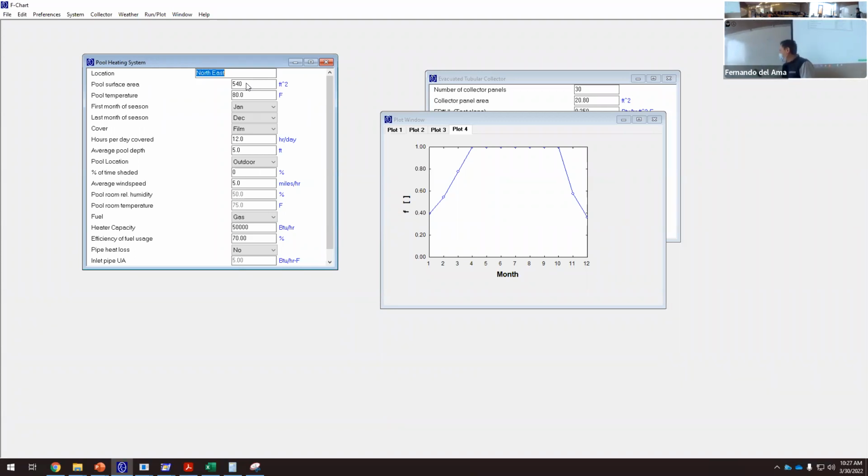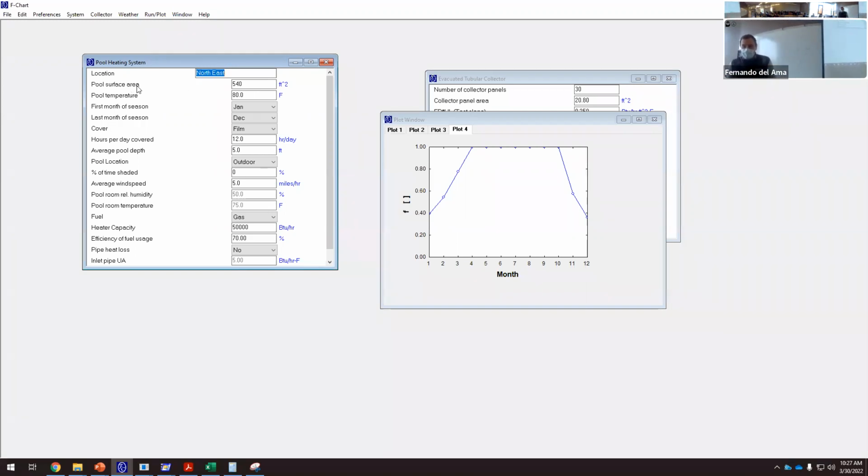So we can keep the temperature of the swimming pool at 70 Fahrenheit. Okay, so that's the strategy now. We can connect this somehow to the heating system. But in summer, we close this connection and then we connect the solar collectors to the swimming pool.